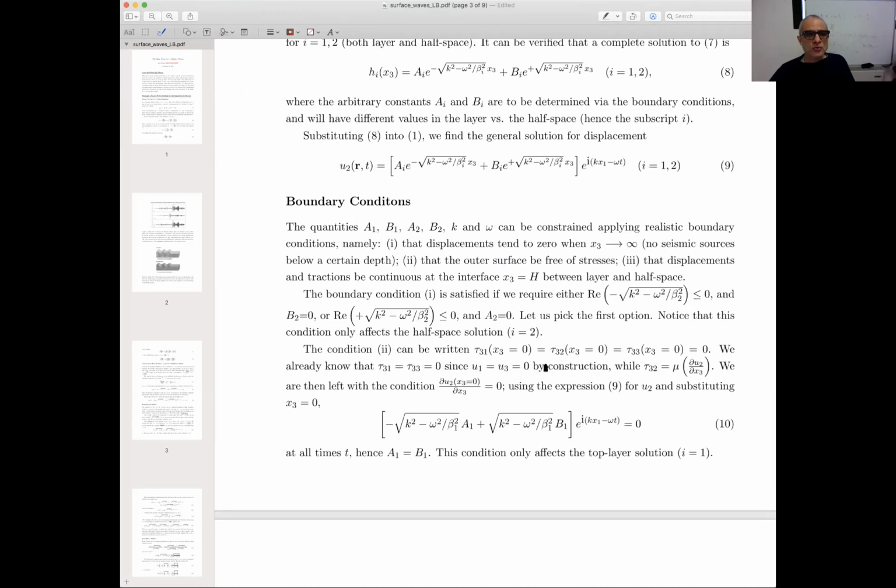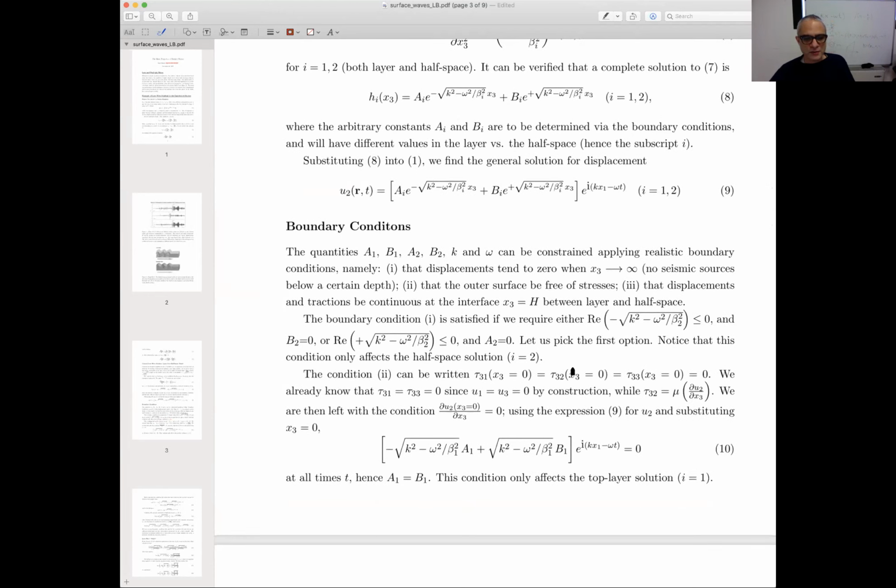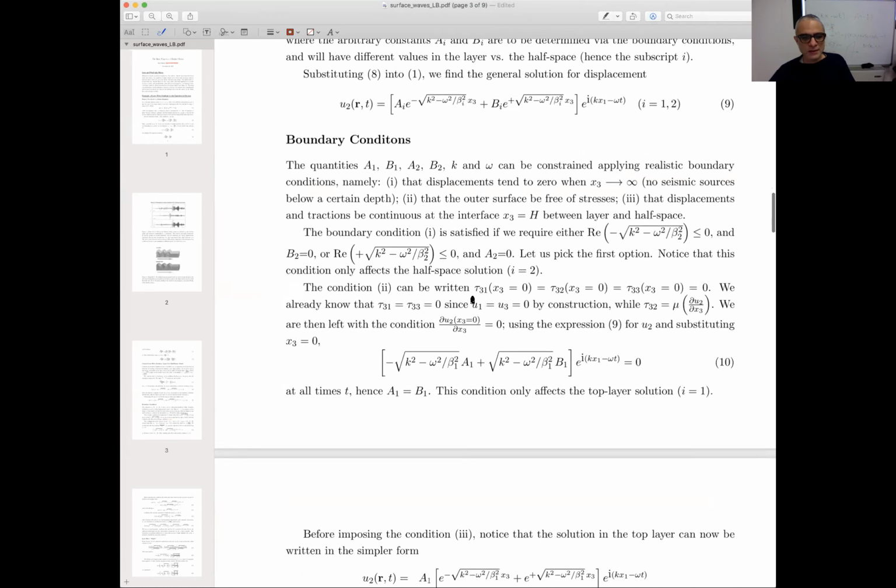The condition 2 requires that the outer surface be free of stresses, and that, of course, can be written as: at x3 equals 0, the three components of the stress tensor have to be 0. It's like the fact that u1 and u3 are 0, and again, you can verify this as an exercise, but that immediately implies that tau 3.1 and tau 3.3 have to be 0.